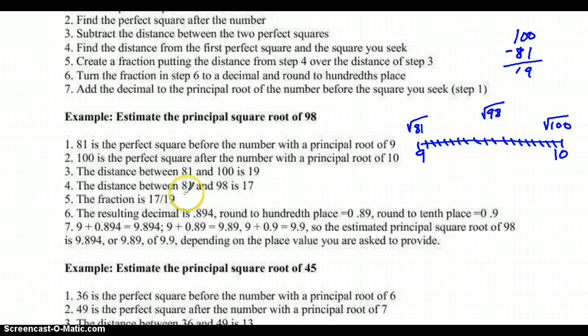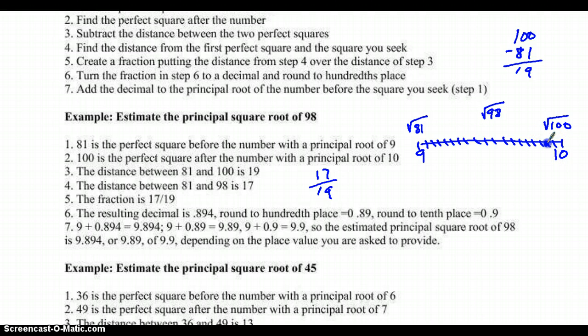Now the distance between 81 and 98 is 17. So if I took this and subtracted from here, I would get 17 over 19. I can also do it this way by counting: 1, 2, 3, 4, 5, 6, 7, 8, 9, 10, 11, 12, 13, 14, 15, 16, 17.